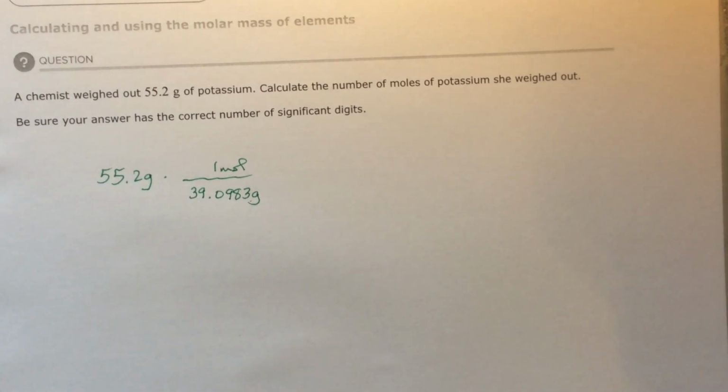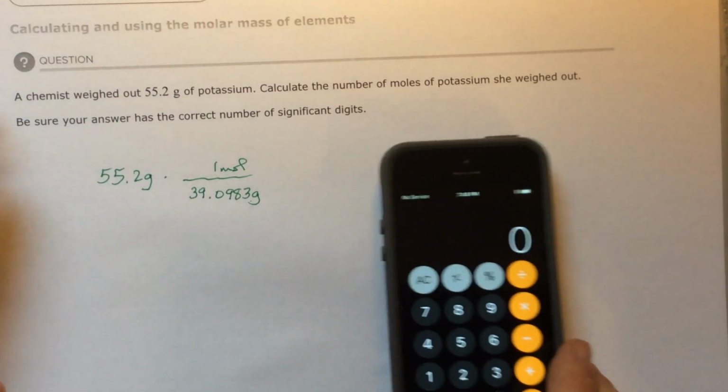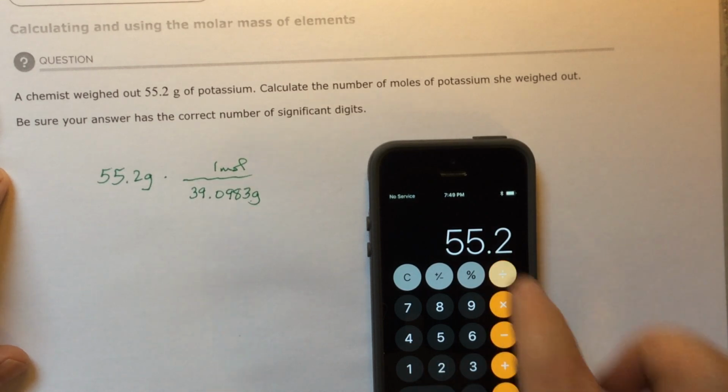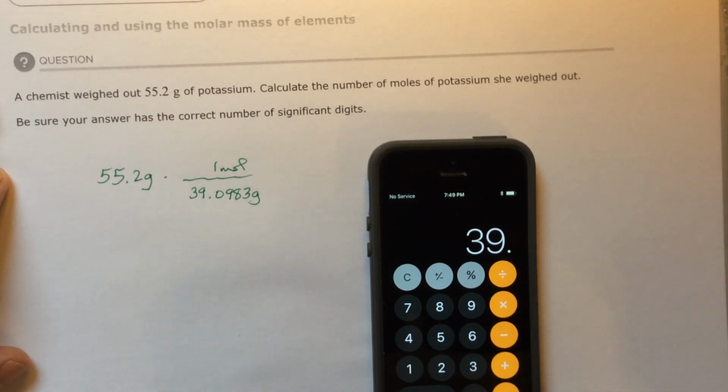So 55.2 divided by 39.0983 gives you 1.4118269.